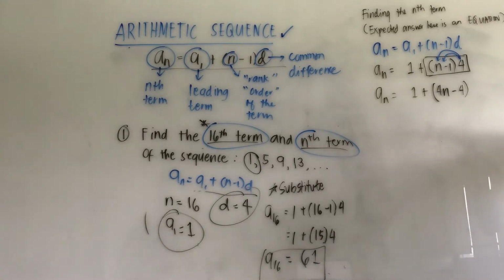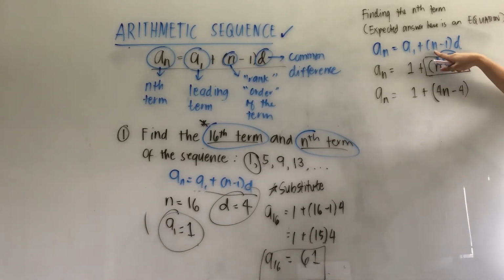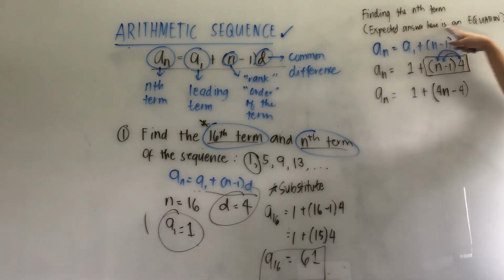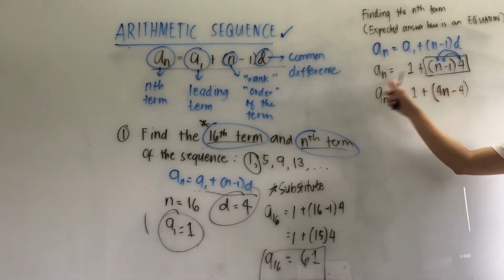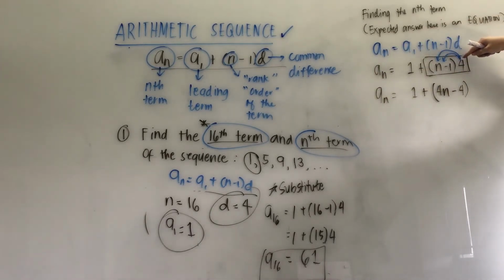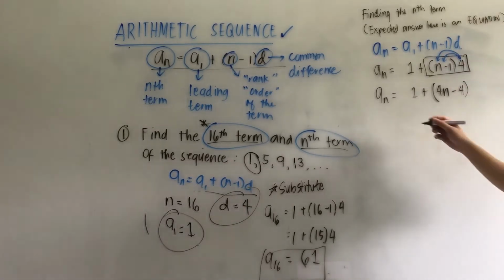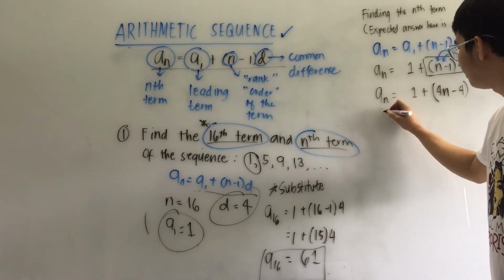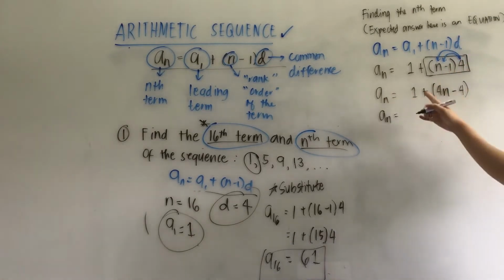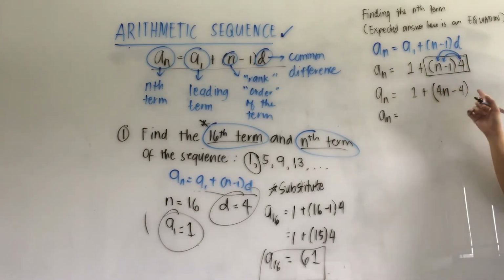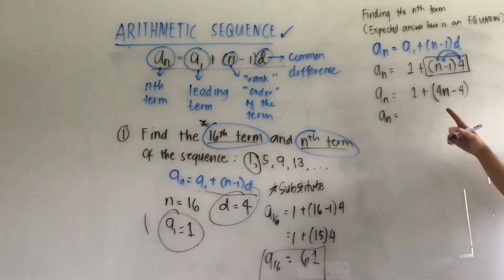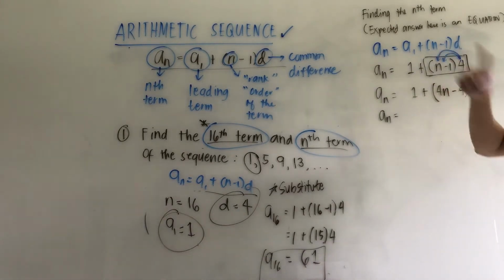Again, how do we do that? You just have to distribute your d here. Because your n is not stated, you retain n here. This could be the answer, but it's not yet simplified. For you to get the simplified equation, you have to distribute 4 to both, which will give you what? a sub n. And then, as you can see, 1 and negative 4 could be added. So therefore, it becomes what? Let's just rearrange it.